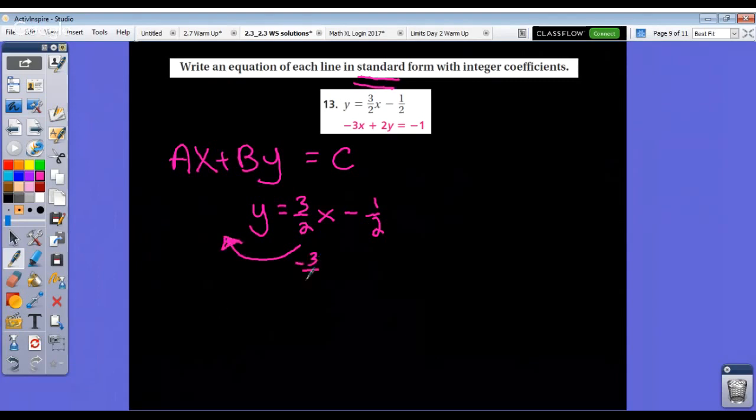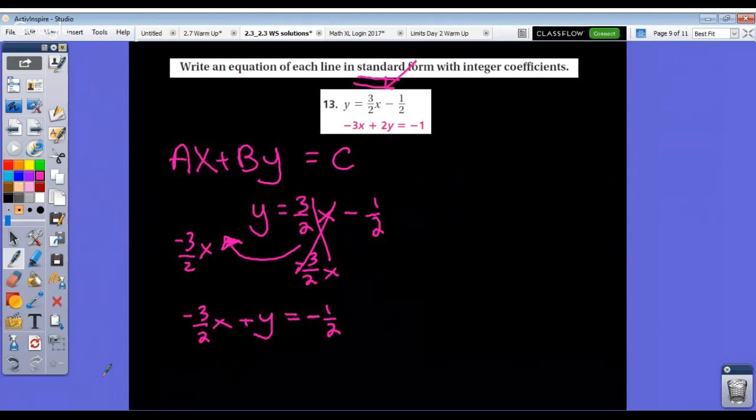The way I do that is subtract 3/2 x from one side, and it's going to cancel, so I have to subtract 3/2 x from the other side. That gives me negative 3/2 x plus y equal to negative 1/2. And that takes care of standard form.